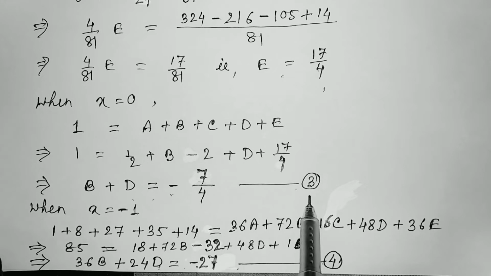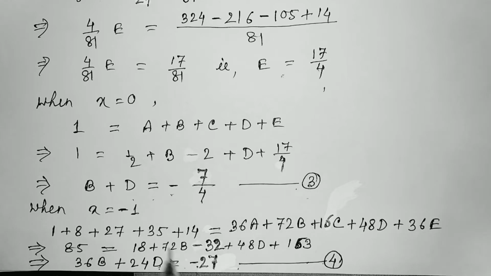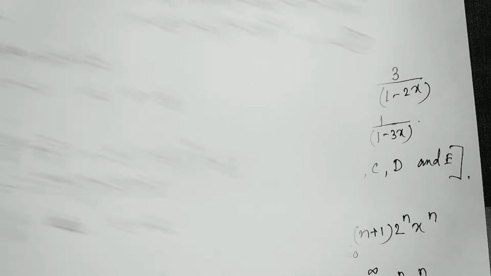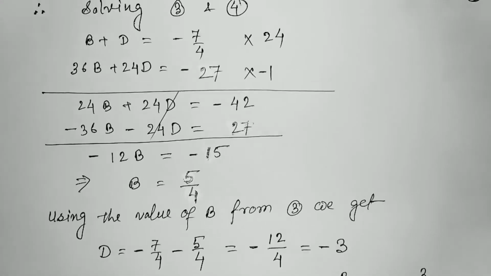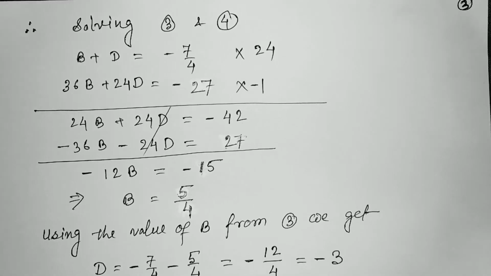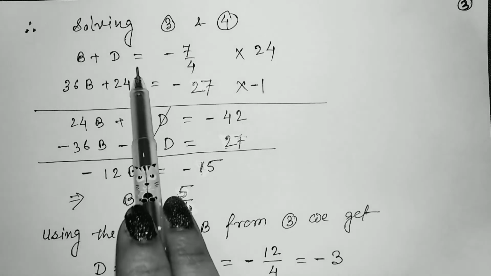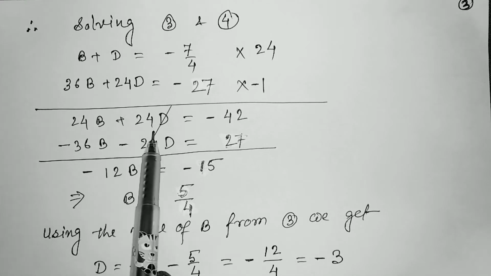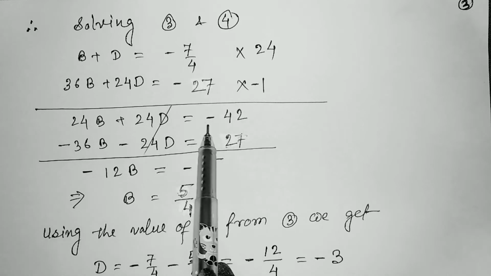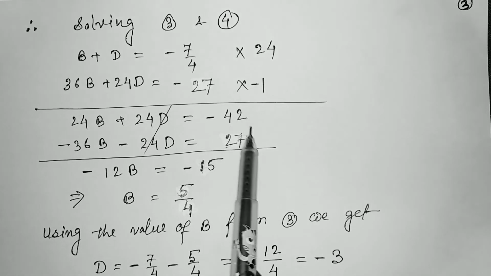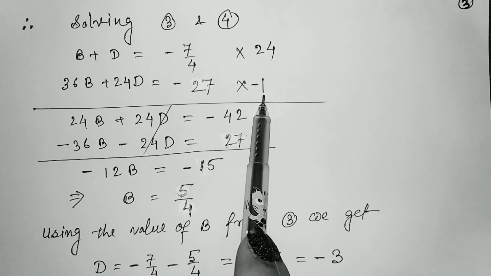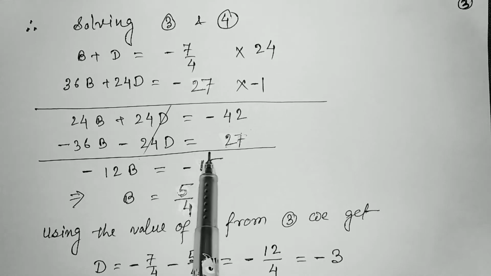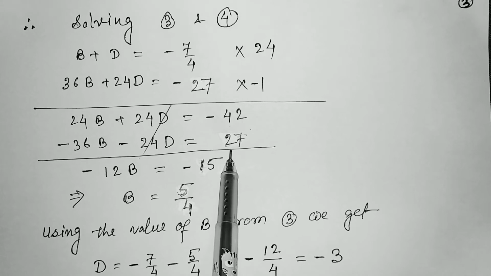Now if we solve equations 3 and 4, we will find the values of B and D. While solving these two equations, in this one we multiply by 24, then it becomes 24B plus 24D equals minus 42. And in the other equation we multiply by minus 1, so that we get minus 36B minus 24D equals plus 27.